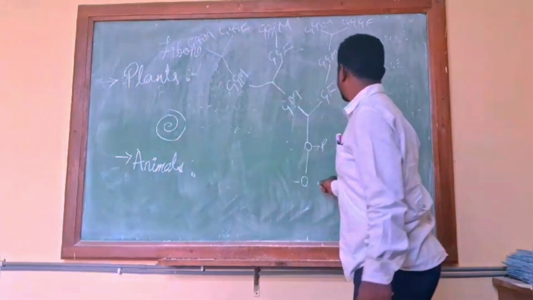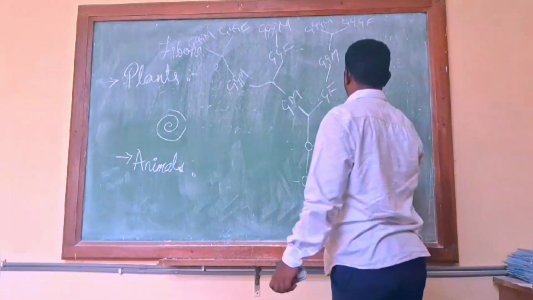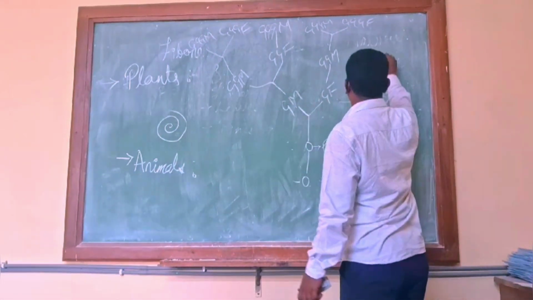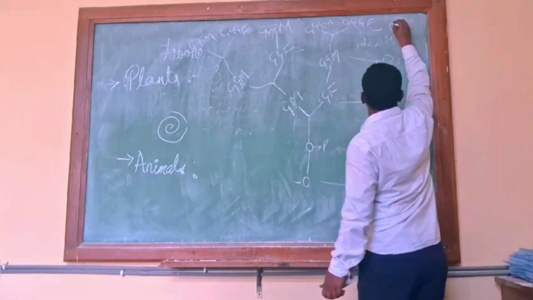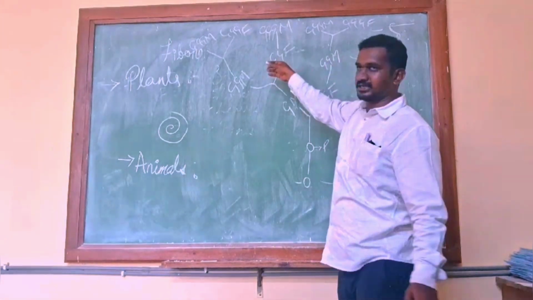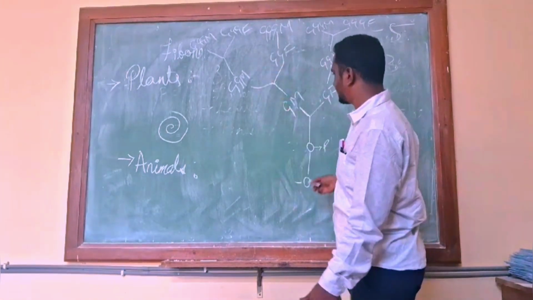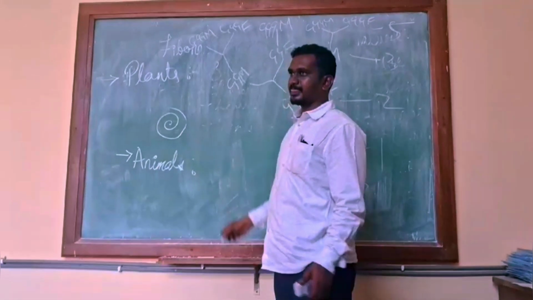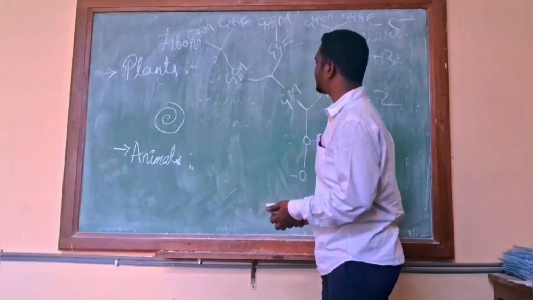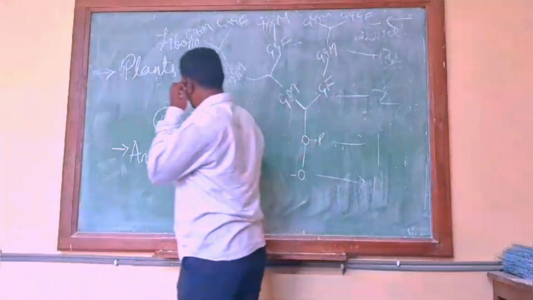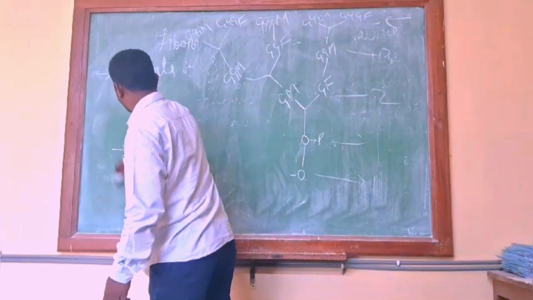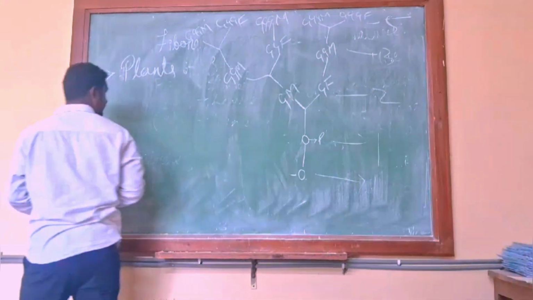So here the sequence is like 1, 2, 3, 5, and this continues. This always continues. Here, it becomes a Fibonacci sequence.